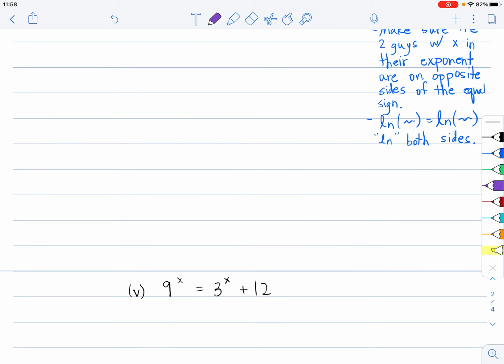Use properties of logs to pull down your exponents.